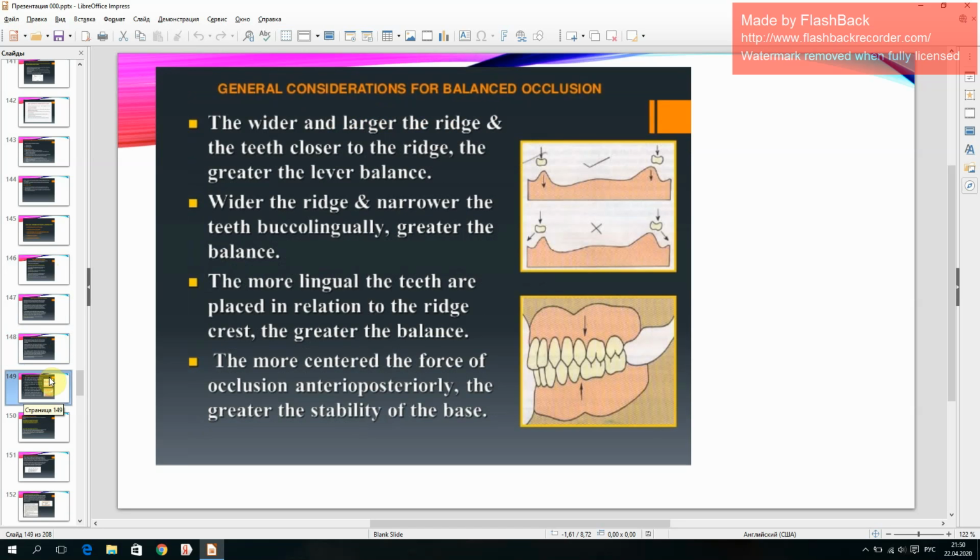General considerations for balanced occlusion: the wider and larger the ridge and the teeth closer to the ridge, the greater the leverage balance. The wider the ridge and the narrower the teeth buccolingually, the greater the balance. The more lingual the teeth are placed in relation to the ridge crest, the greater the balance. The more centered the force of occlusion anterior-posteriorly, the greater the stability of the base.